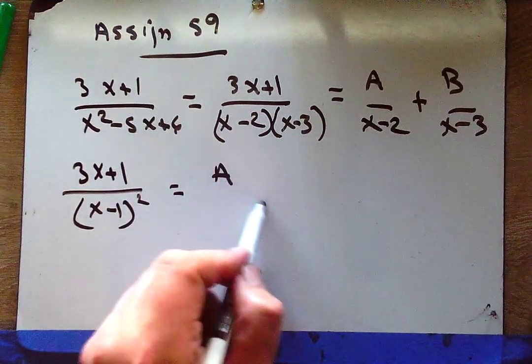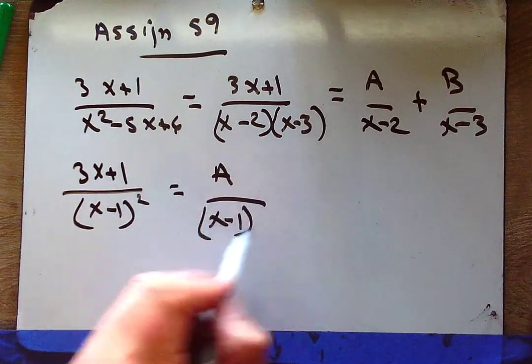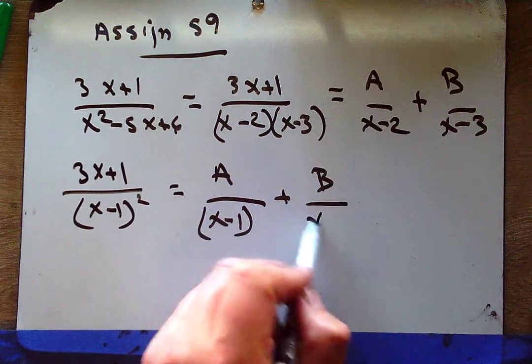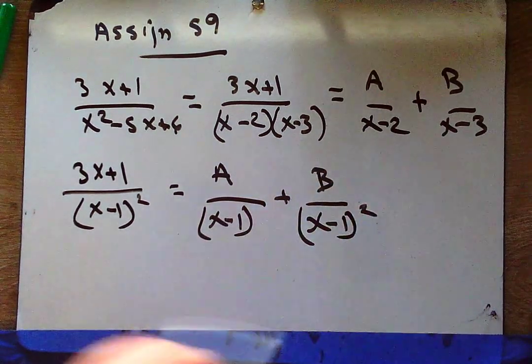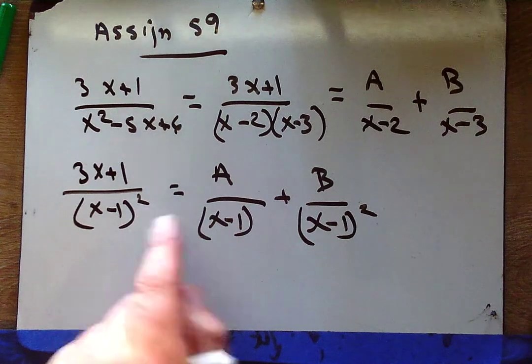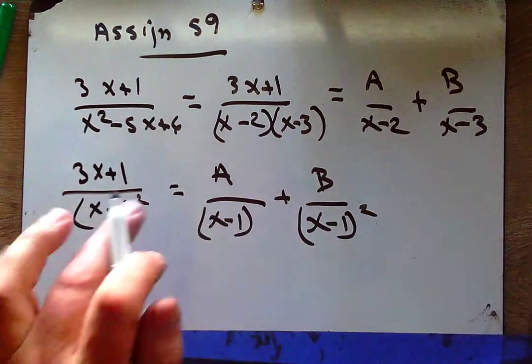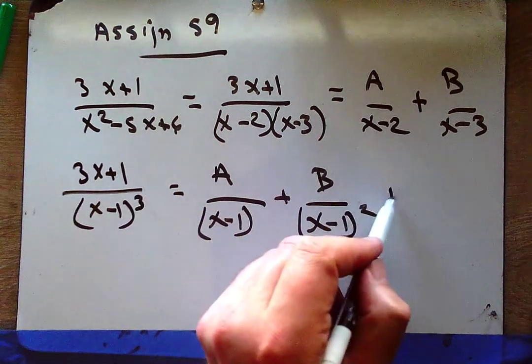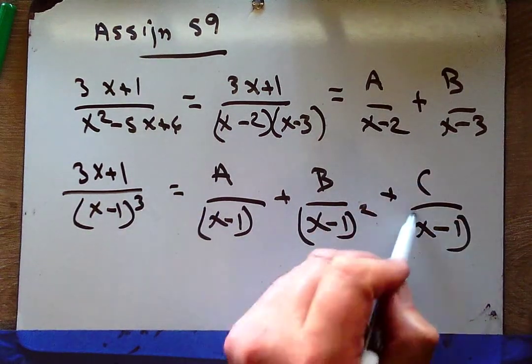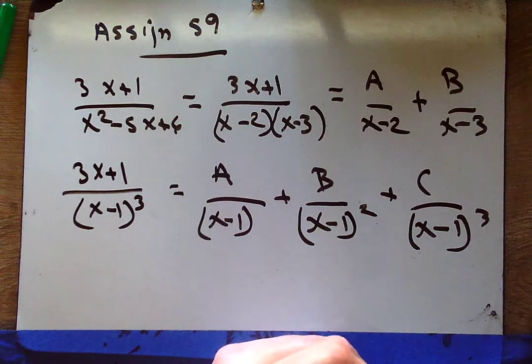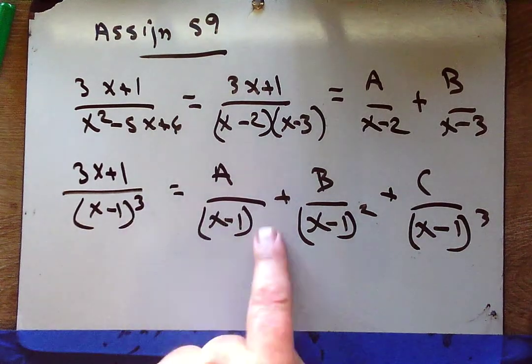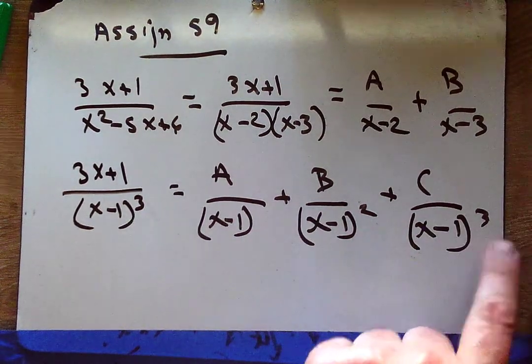And so I'm going to have A over x minus 1 to the first and B over x minus 1 to the second. And again, if this was a 3, I'd also have a plus C over x minus 1 to the third. In fact, I'm going to write that down. Okay? So whatever this power is, I have to represent all the possible power combinations.